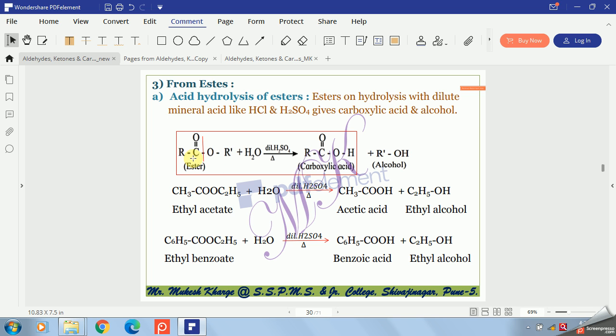So what do we get? RCOOH and R'OH. So we get carboxylic acid and alcohol.